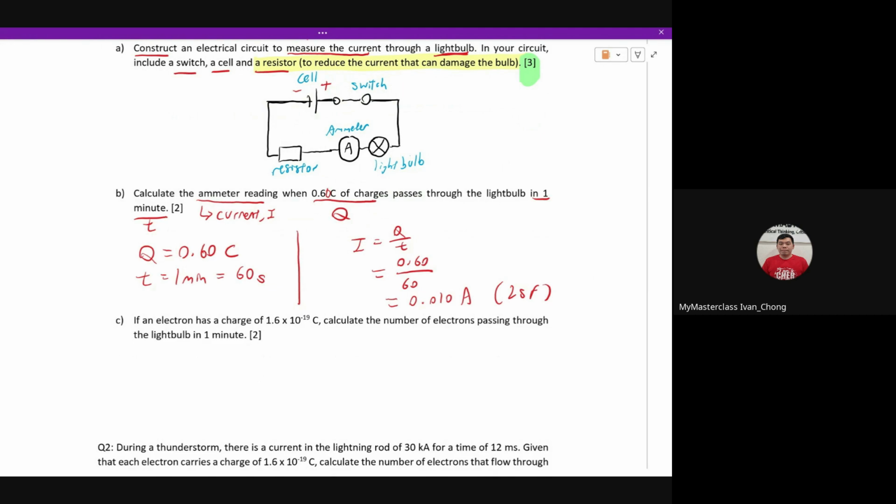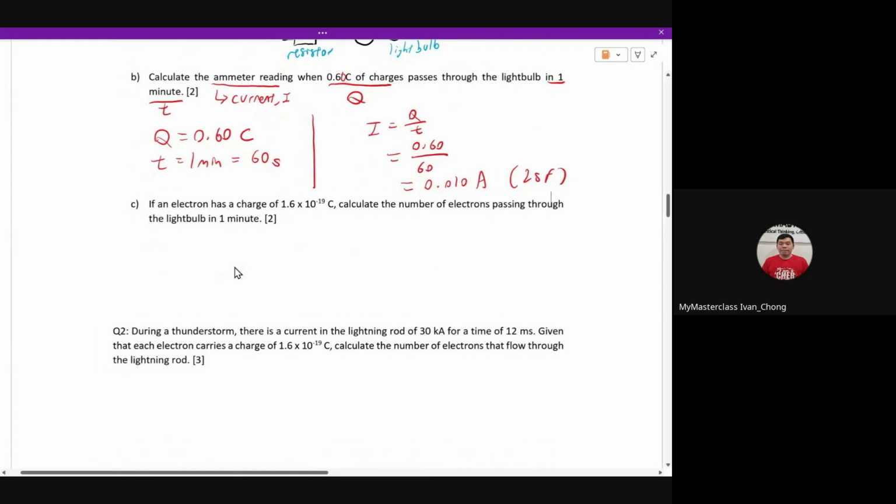So if you have a very nice number like 1 or 2, write 1.0, 2.0, because some schools are known to be stricter, and if you don't follow accordingly, they'll minus 1 mark from you. So to avoid that, we always try to put 2 or 3 SF at the end of all of our final answers.